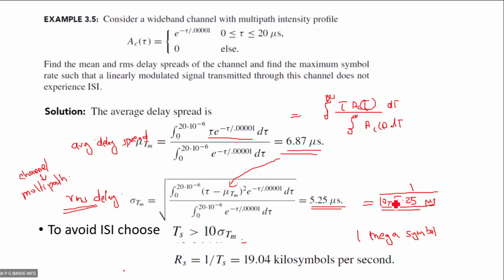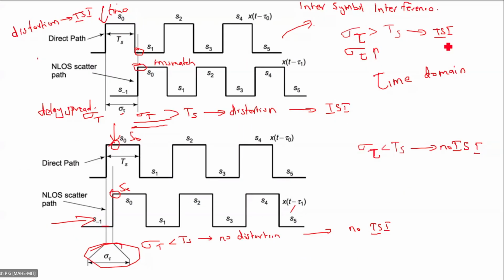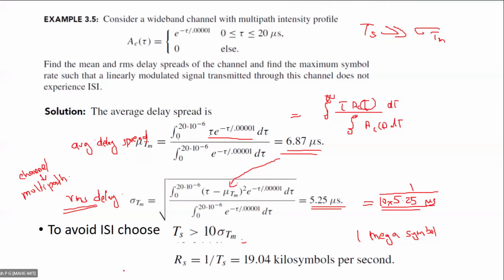We have seen that in order to avoid ISI, we have to choose Ts greater than sigma Tm. If Ts, the symbol time, is greater than the delay spread, then there will not be any ISI. So this is the condition for no ISI.